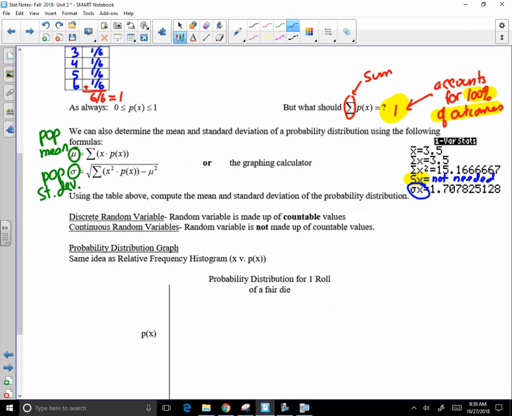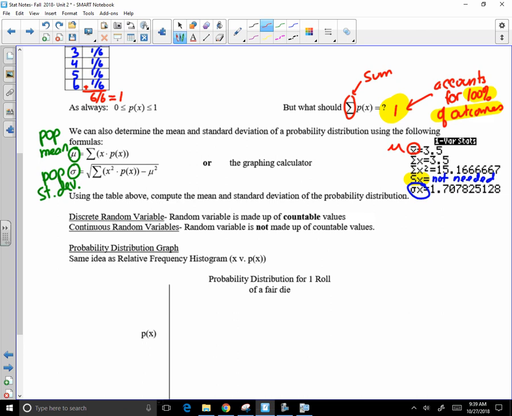And the good news is the calculator knows that. It knows that because you're dealing with 100% of something, you could not possibly be asking about a sample, so it doesn't report it. It does not distinguish between the Greek symbol mu, which stands for population mean, and the x bar. These two mean the same thing as far as the calculator is concerned.